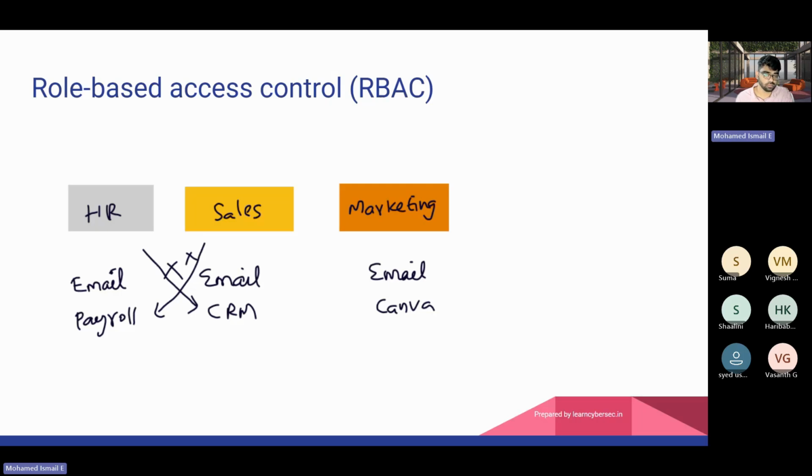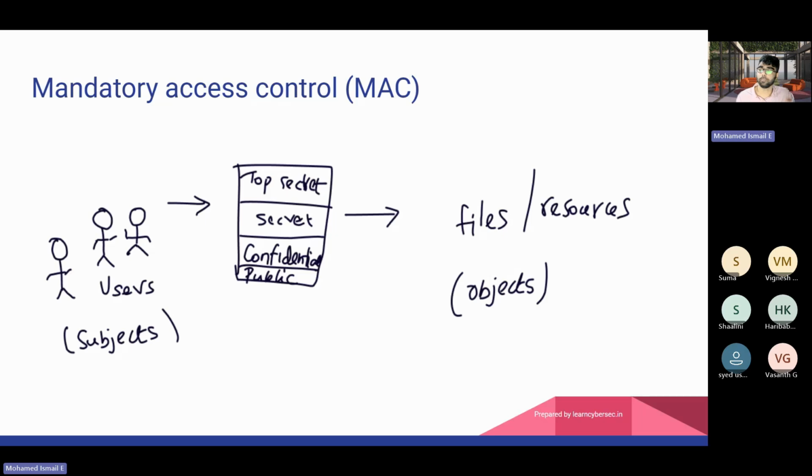From an exam standpoint, you may think MAC and RBAC are almost similar, but really not. The reason MAC and RBAC differ is that mandatory access control is primarily present in the operating system. Imagine Linux.